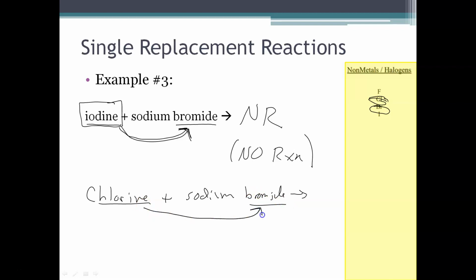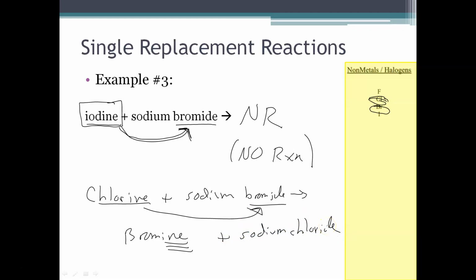Chlorine tries to come over here and kick out the bromide, and it could because it's more active. So in this case, your products would be bromine. Okay, when it becomes an element by itself, it drops the -ide ending. It's not an ion anymore. It's just an element, the element bromine, plus sodium chloride.